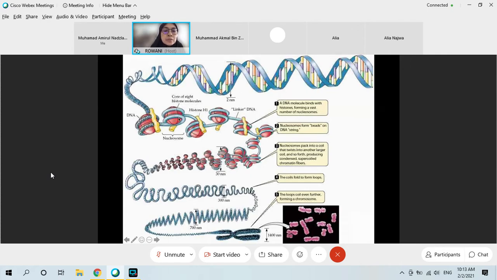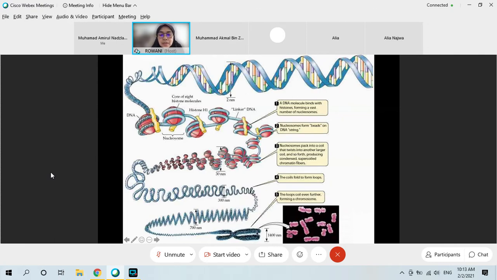From one long double helix, the DNA is coiled around histones, and this coil of DNA around the histones is coiled further, subsequently looped, and finally coiled again, to form the compact chromosomal structures that you see in your karyotype earlier.